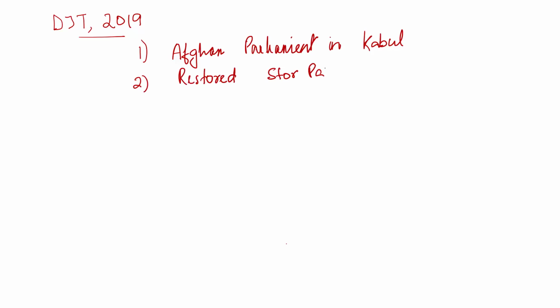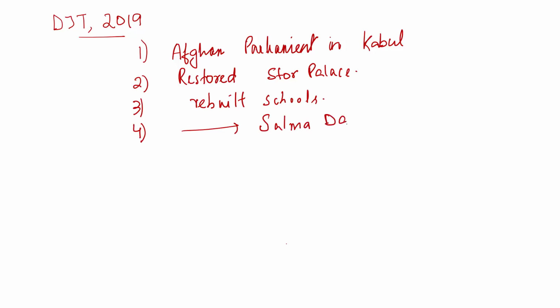What have we done? This is something that can be asked in your civil services examination. We have constructed and built Afghanistan's parliament in Kabul. Not just that, we have restored Tor Palace in Kabul. Not just that, we have rebuilt schools in Afghanistan. Not just that, we have constructed Salma Dam in Afghanistan.